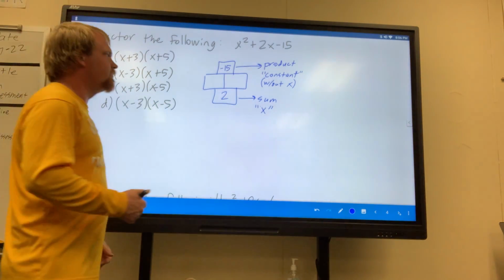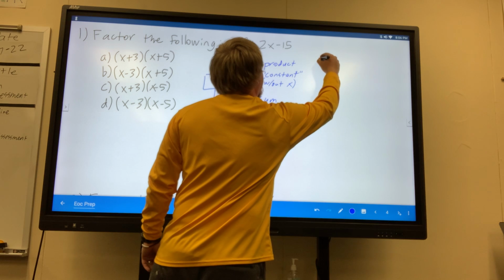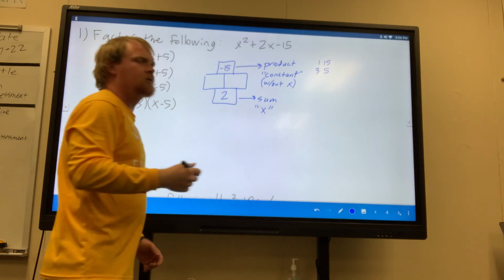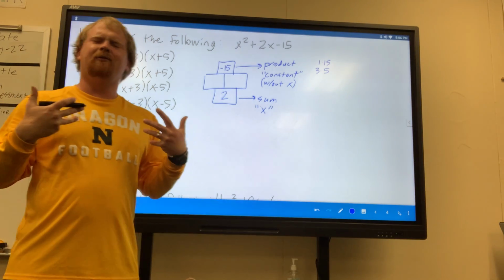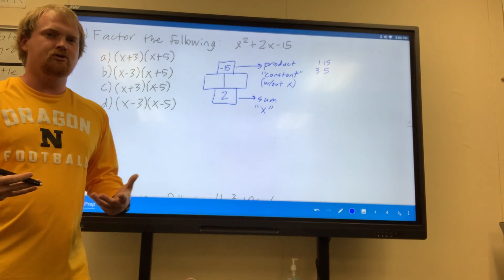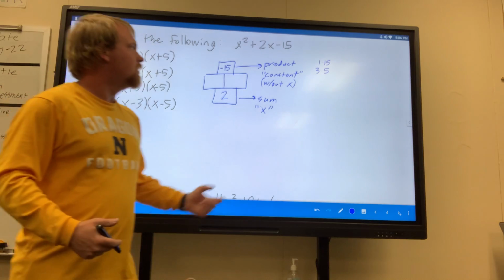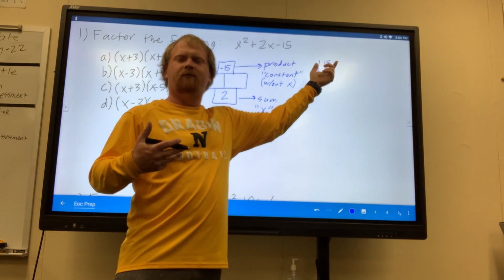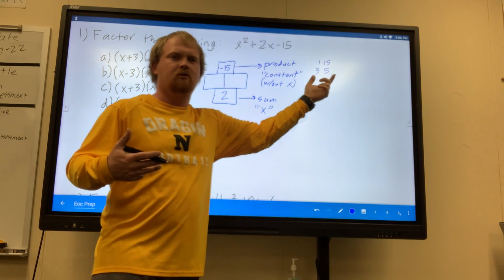So here's what we can do. I can think of products of 15, like 1 and 15, and 3 and 5. And by the way, we may even have to make up negative numbers. One of them may have to be negative. Now, there's nothing adding or subtracting between 1 and 15 that can get me a 2.